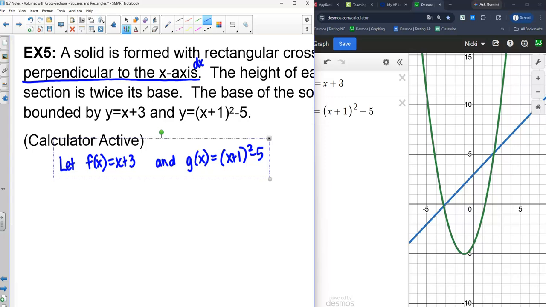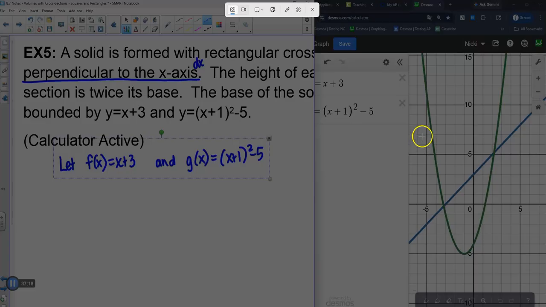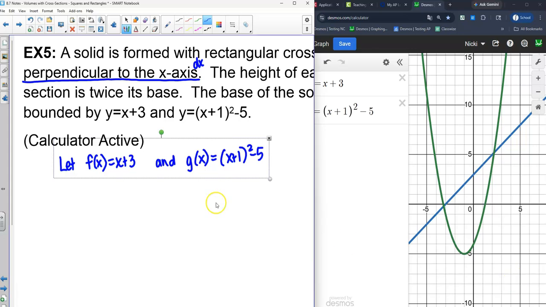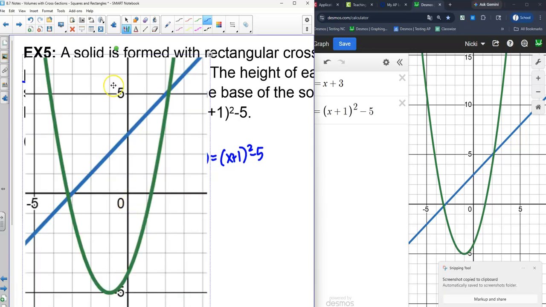So, I am going to screenshot this so I can draw on it so we can picture it a little bit better. And you may want to sketch a real simple graph of this there.